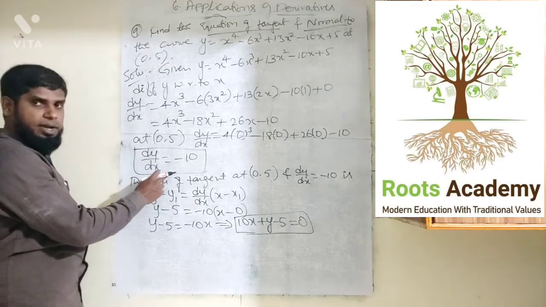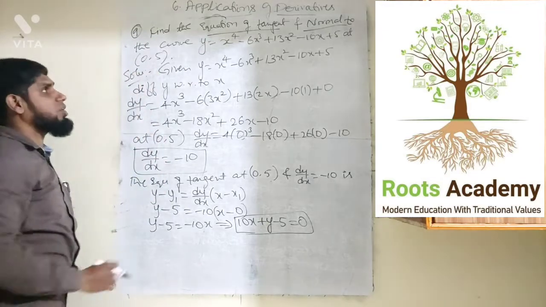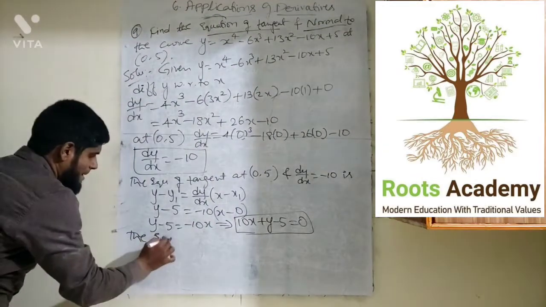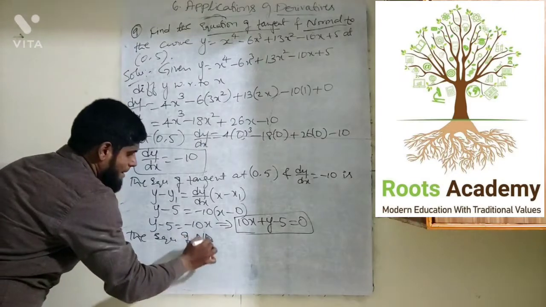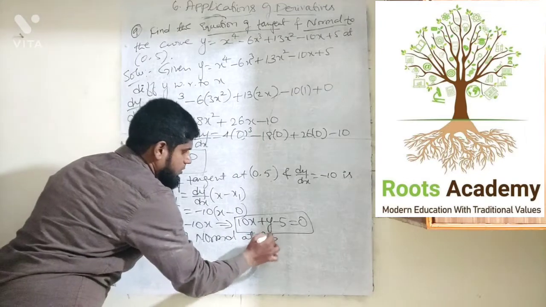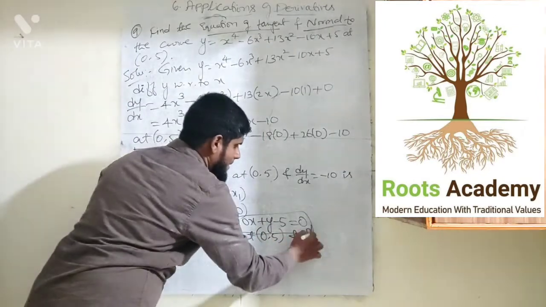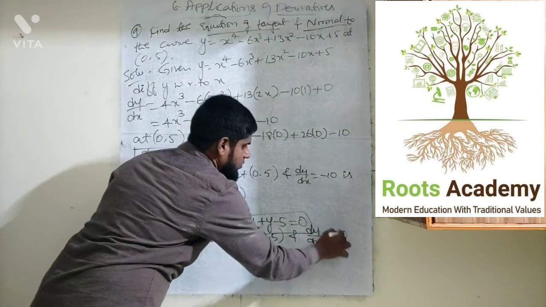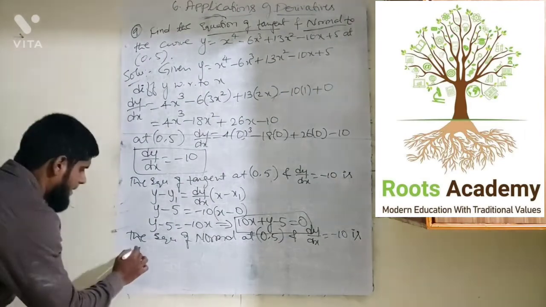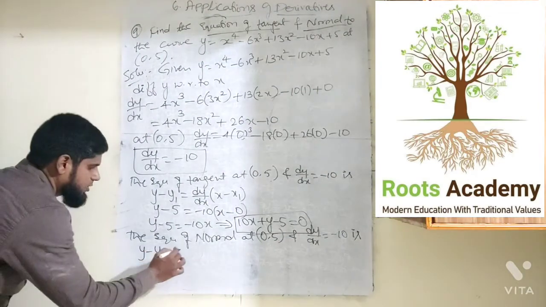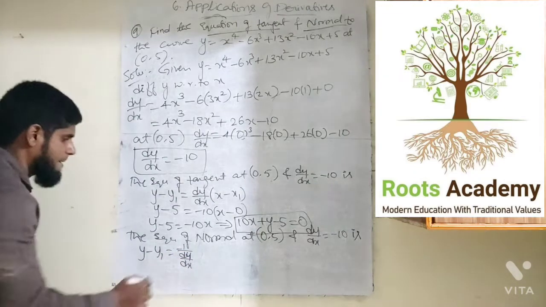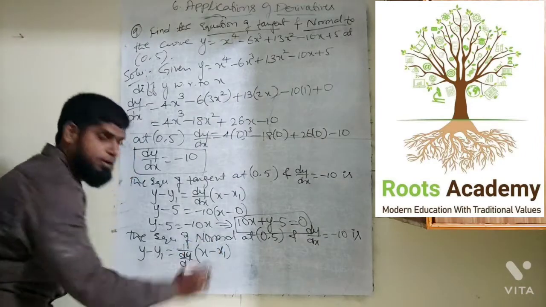Now with the same dy by dx and same point, I should find the equation of normal. The equation of normal at 0, 5 and dy by dx equal to minus 10 is y minus y1 is equal to minus 1 divided by dy by dx into x minus x1.